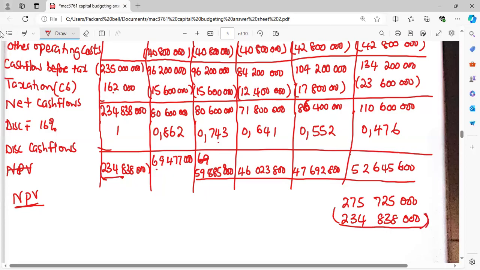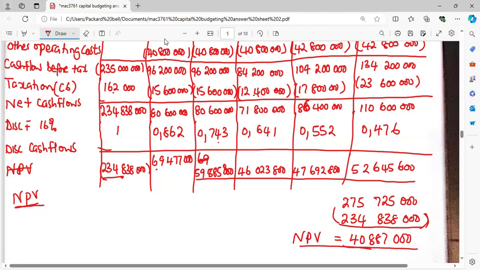So what is going to be our net present value here? The difference is 40 million 887,000. Right. So this is going to be the net present value of this project.